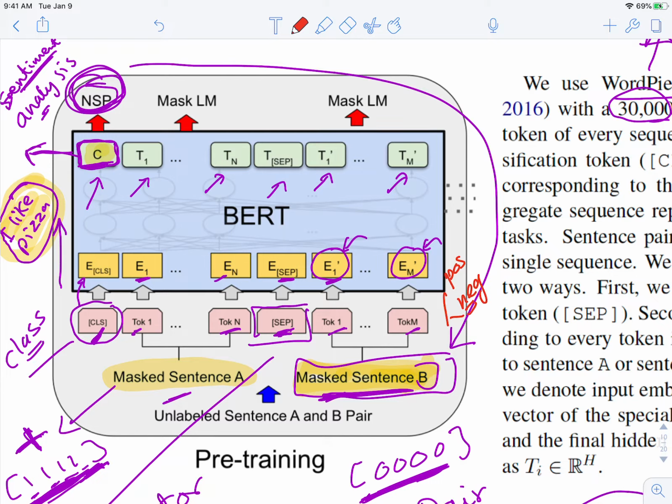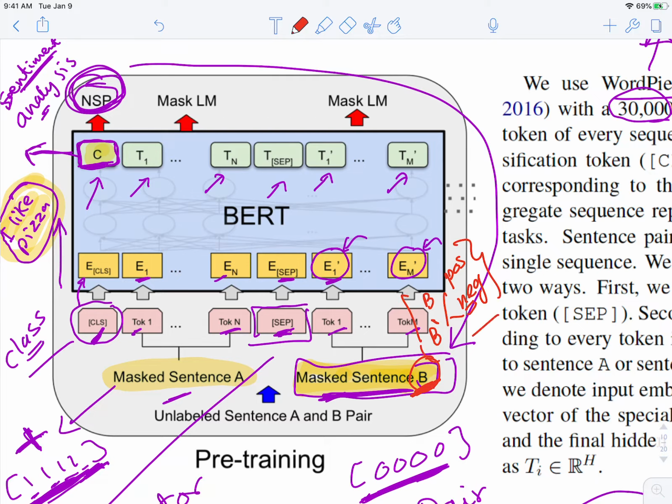We also know that sometimes we have a good sentence, B, and sometimes we have a bad sentence, B bar.